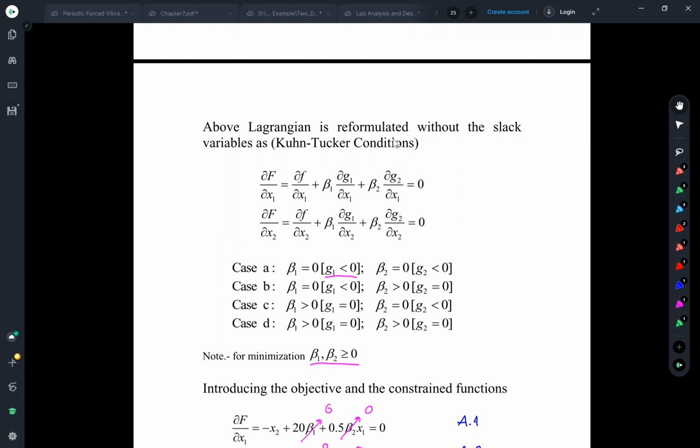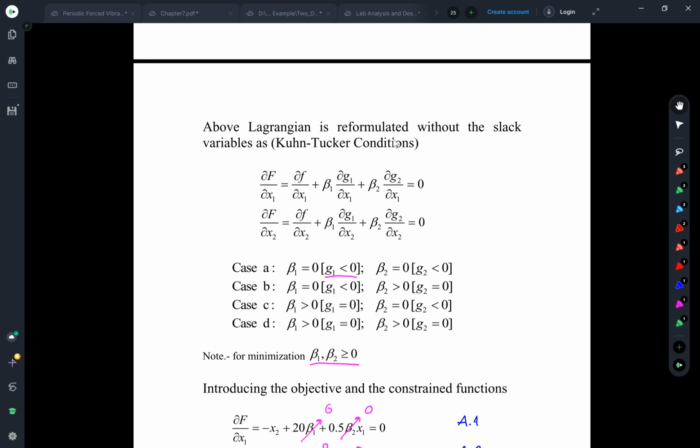We have to classify your problem into many cases. In this case, we have case A, case B, case C, and case D. The number of cases depends on the inequality constraints you have, that is, on the number of betas and the number of G functions.